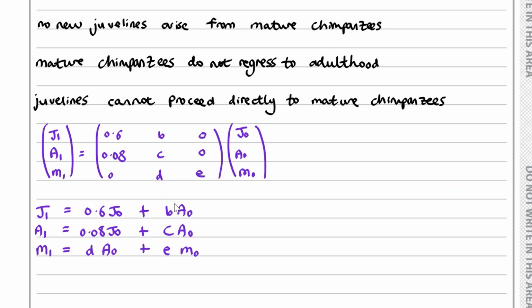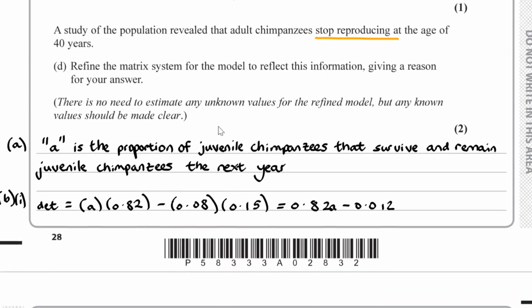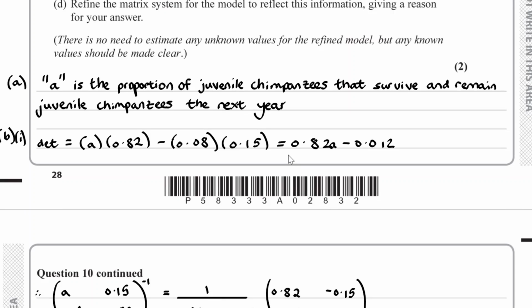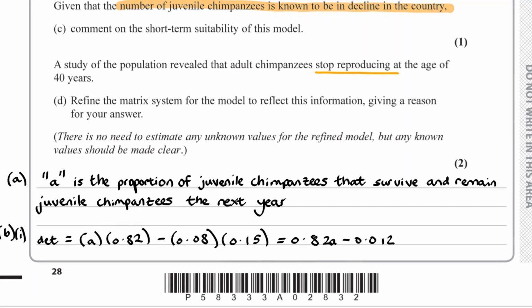Okay, that makes sense, because if you go back to the question, it's something that we said before. It is the proportion of juvenile chimpanzees that survive and remain juvenile chimpanzees next year. And essentially it's this statement which we have to make sense of, using this statement in this question.